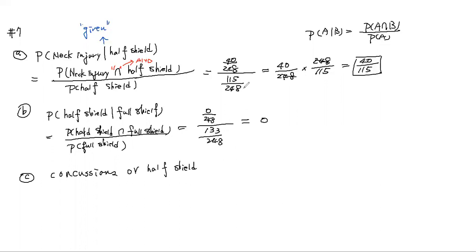Oh, I see a keyword here, or. When I see this keyword, I know they want unions, right? So let me rewrite my problem as a union. That means probability of a concussion union half shield.